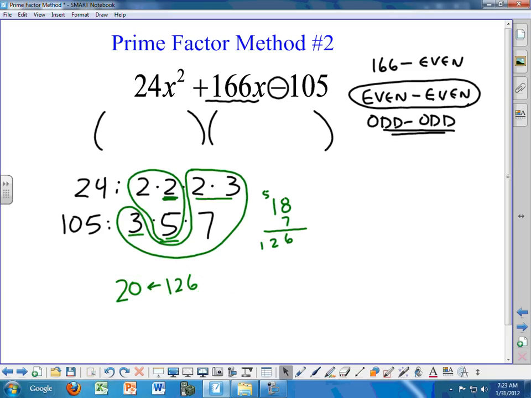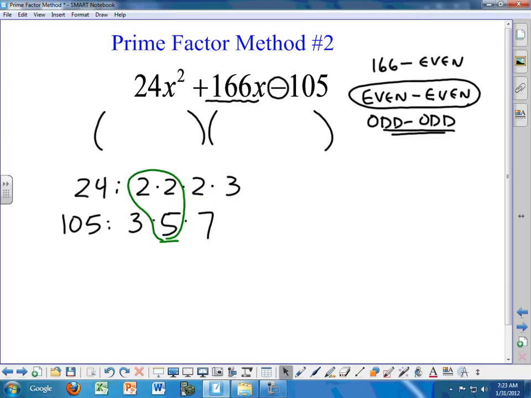So I look at the problem and I say, okay, how can I make this so that I can generate a number between 10 and 20 in one of the groupings? And right away, it pops right out at me right here. I get that 7 times 2. Now, there is another way to do it, and that's with the 5 times the 3, but that breaks the rule that we had back here where it's got to be even, even.